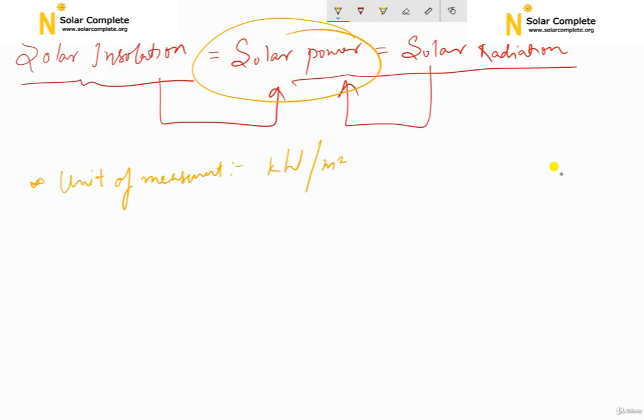Okay, anything you can take as per your convenience or as per the requirement. Please note the notation of writing kilowatt. The k should be small and W should be capital. It should not be written otherwise. That is a wrong notation; this is the standard in solar.